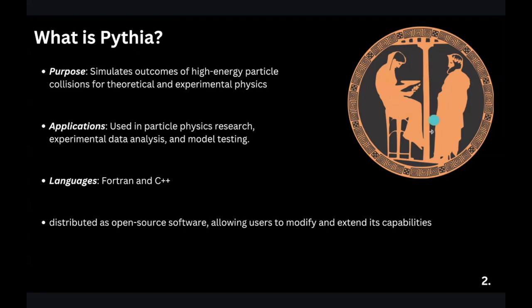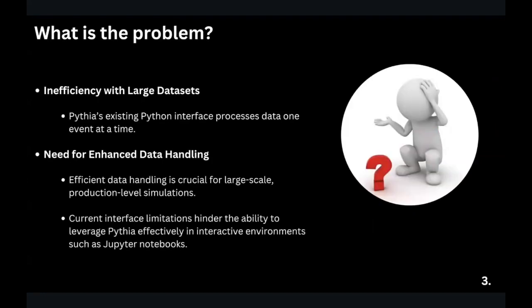So what's the problem? The primary issues with Pythia's current Python interface revolve around inefficiencies in processing large datasets, limitations of Python's iterative capabilities, like complexity in handling nested data structures, scalability challenges, interfacing overheads, and reduced usability in interactive environments such as Jupyter Notebook.